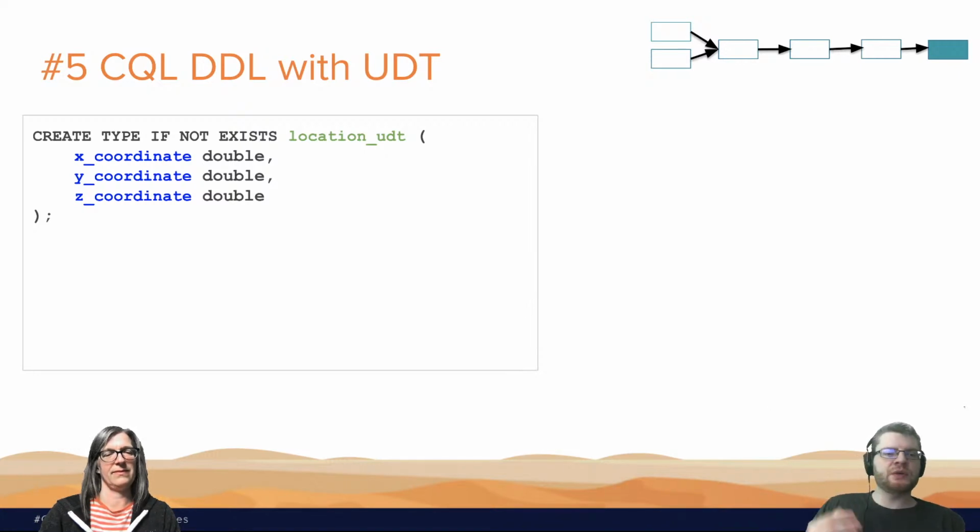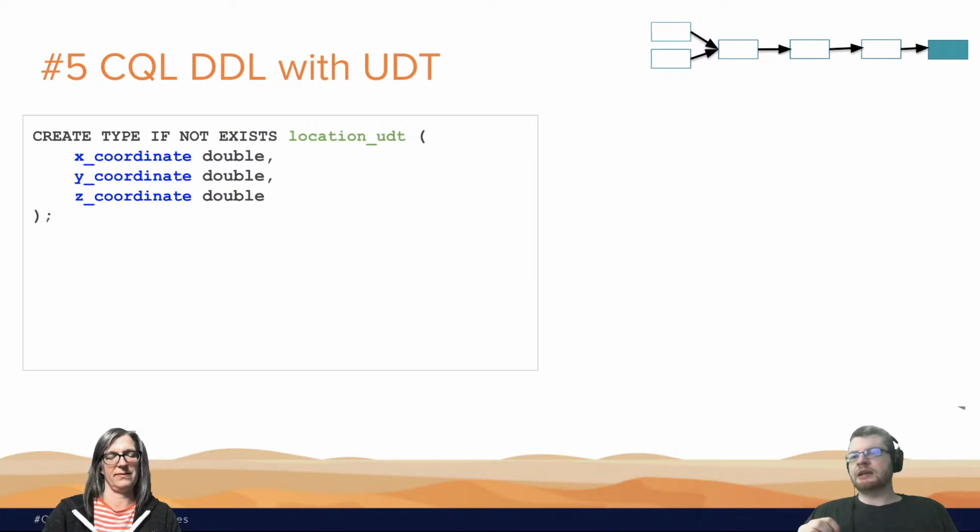And what we're doing here is defining, create type if not exists, location UDT. That's just an XYZ coordinate, a three-dimensional space coordinate. When I insert data, I'm going to provide an XYZ coordinate. It's going to store that in a single cell, be retrievable by a single cell, and give me my data back. It's the simplest way to explain it.